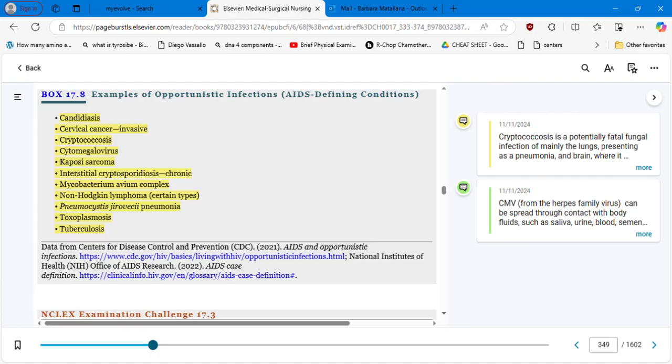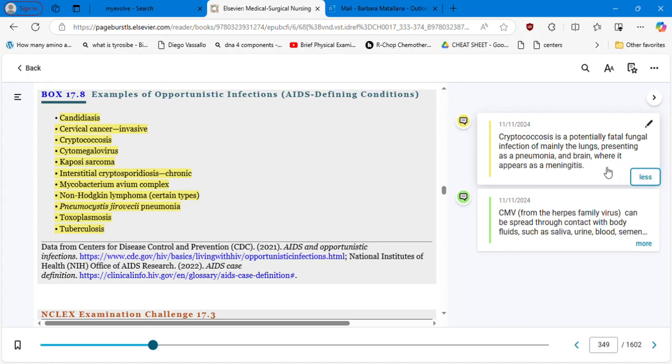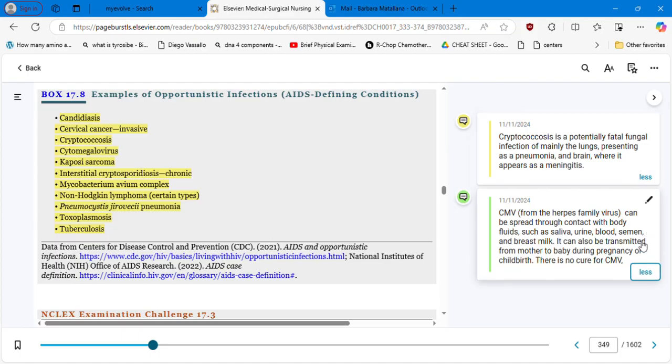So what is cryptococcosis? It's a potentially fatal fungal infection of the lungs presenting as pneumonia and of the brain, where it appears as meningitis. And then cytomegalovirus, I'm sure you heard about this, is from the herpes family and can be spread through contact with body fluids such as saliva, urine, blood, semen, and breast milk.